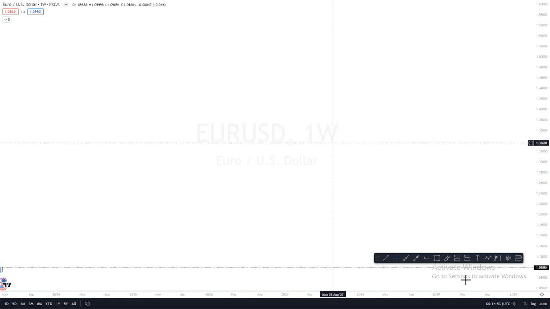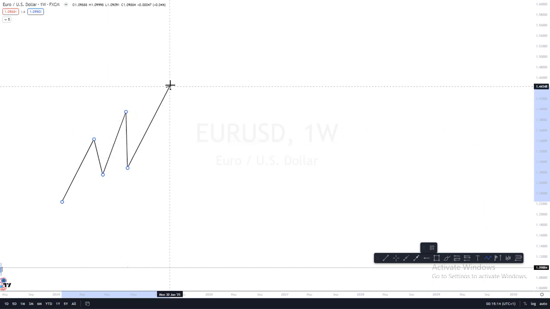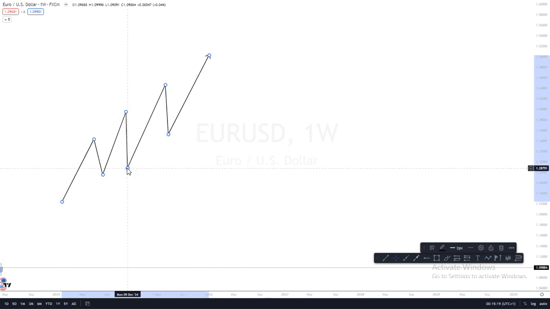Before we start diving into top-down analysis and other stuff, you need to understand the three phases of the market, which is very important. You agree with me that the market moves in a series of higher high, higher low, and then higher high, higher low, like that.